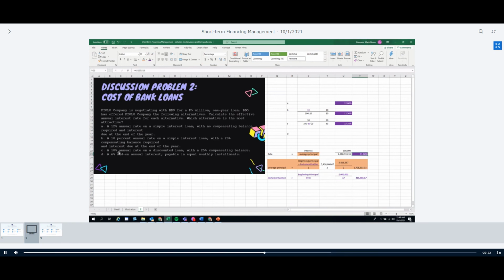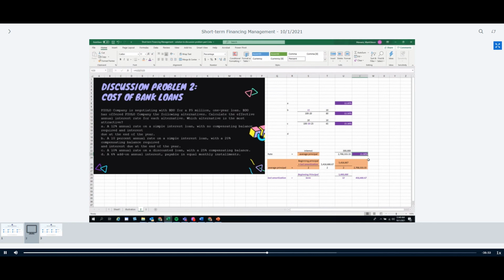Bank will offer you, Piolo, you can loan from us 5 million and the interest rate is 6%. And ngayon kung si Piolo hindi nag-hire ng accountant or financial manager, malamang kumuha na siya agad ng 6%. And yet, nung tayo, pinag-aralan natin, that 6% pala is really not 6%, but 11.08% effectively.